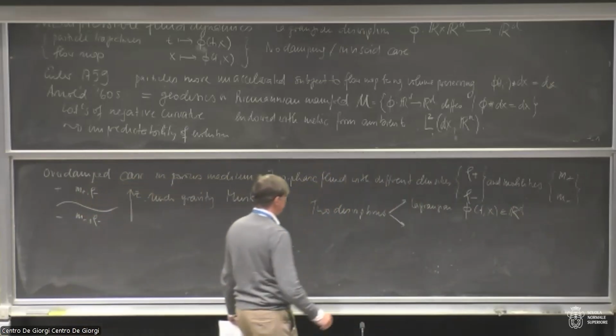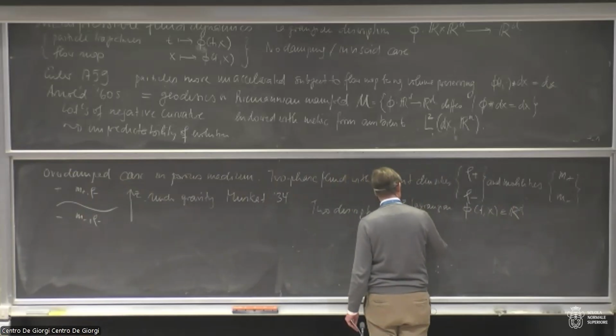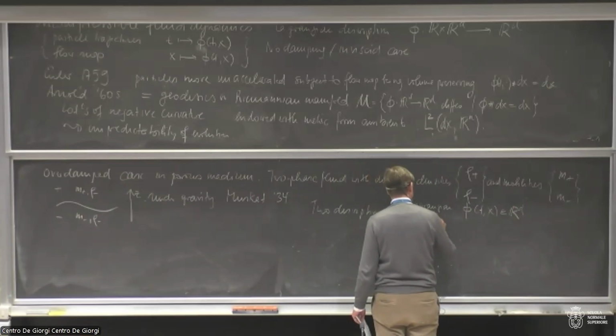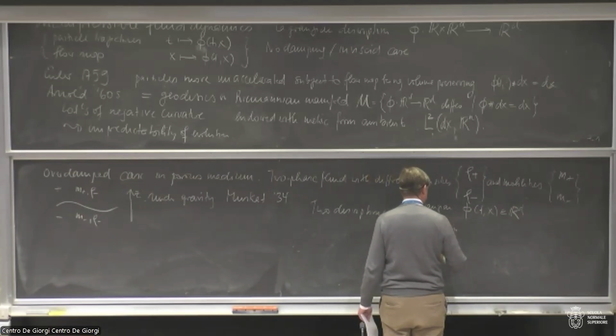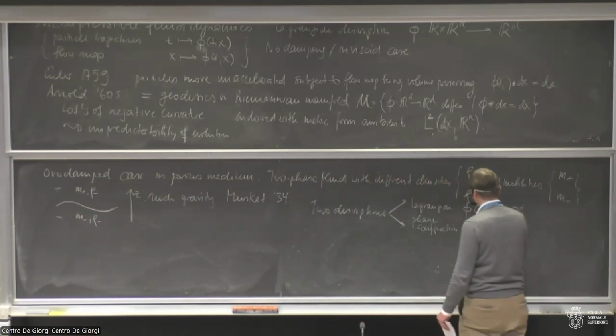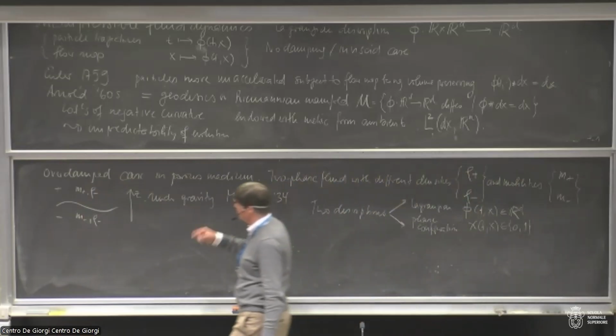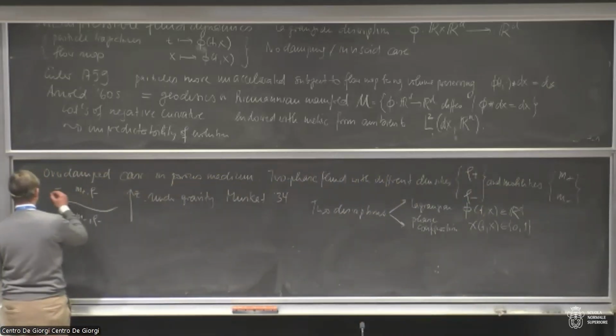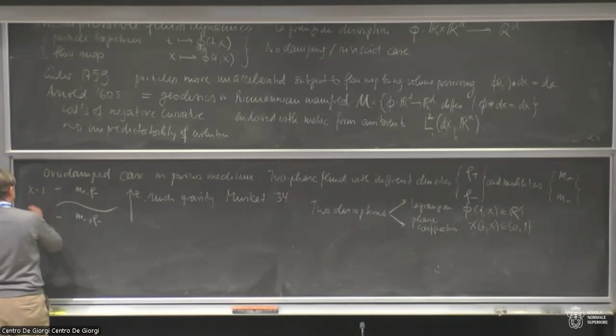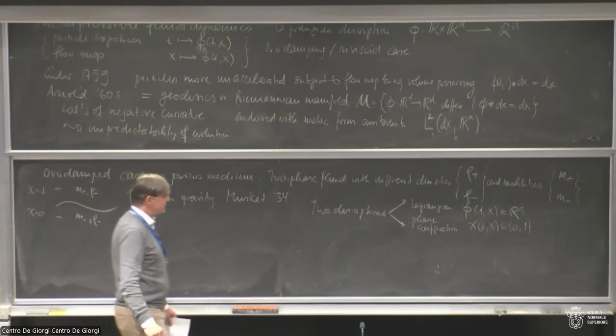But on the other hand, you can also describe a configuration by specifying its phase configuration. This you could do by looking at a characteristic function, a function which just has values 0 and 1, with the understanding that chi is equal to 1 in the plus phase and chi is equal to 0 in the minus phase.